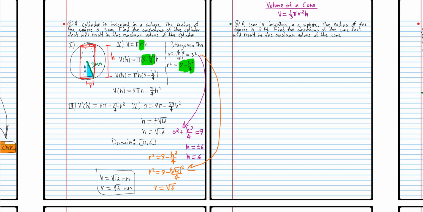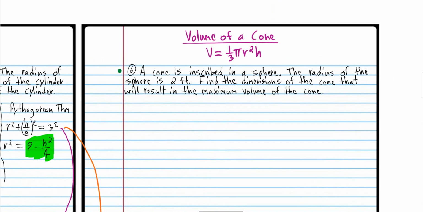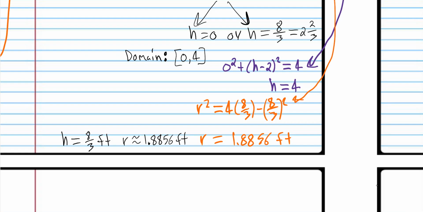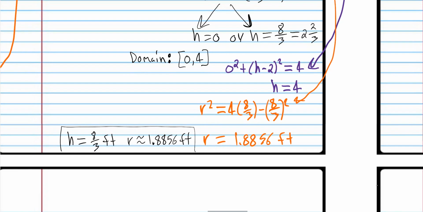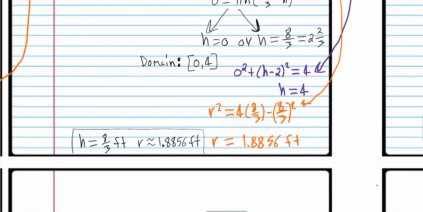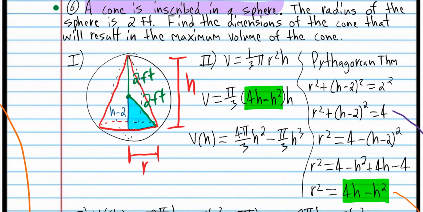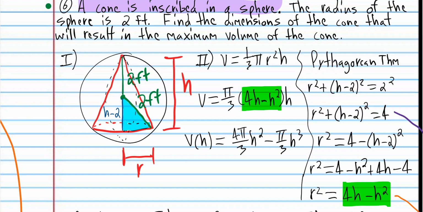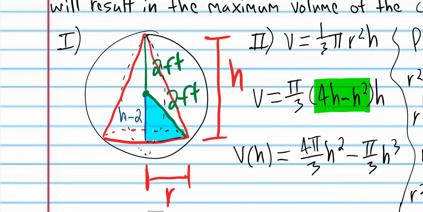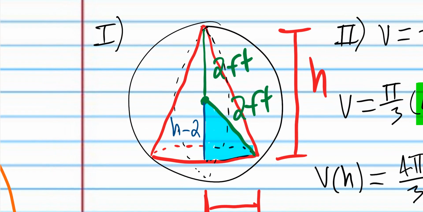Okay, we're back. So those are the dimensions of the cone that will maximize its volume. And if you're wondering how we came up with a relation between the height of the cone and the radius, look at this picture here. This yellow distance is the height of the cone, right?